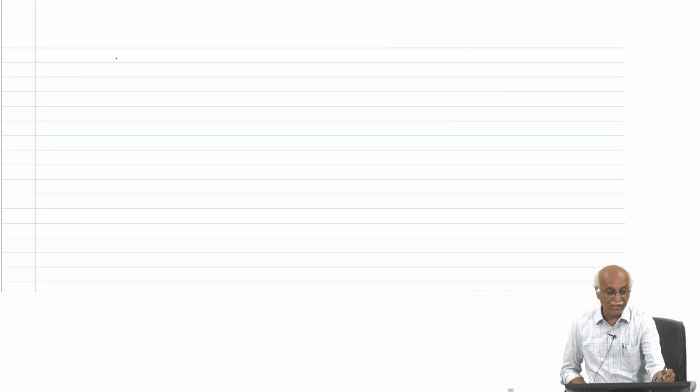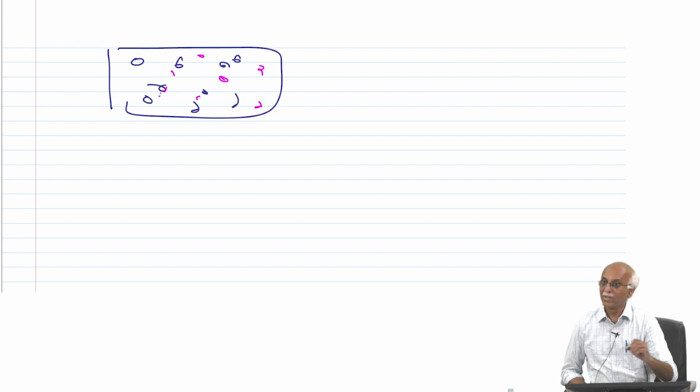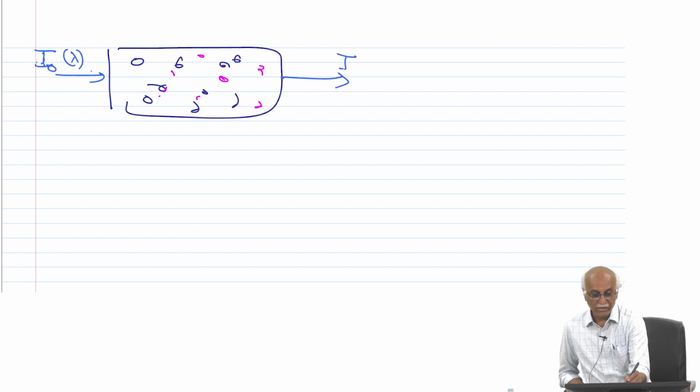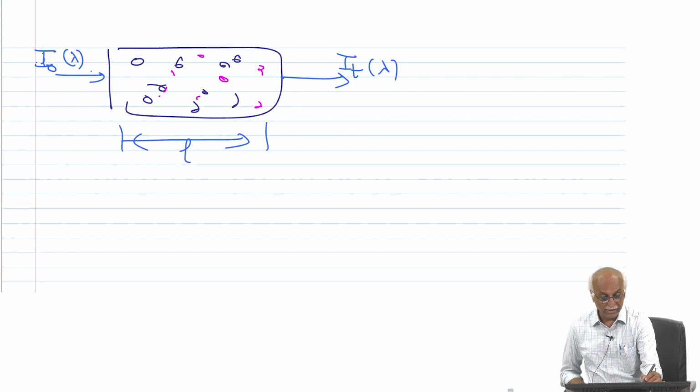Now a little more: if there are, let us say, two different gas molecules, a combination of these. So, now the input is I 0 lambda, transmitted I t lambda, length is L, and both of these molecules, let us say this is the molecule for CO2, and let us assume this is the molecule for water vapor.